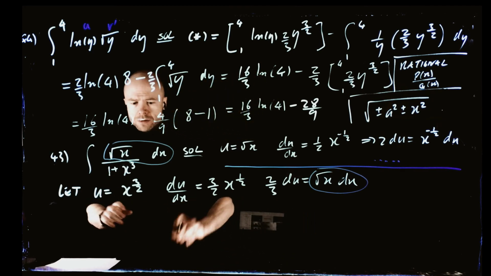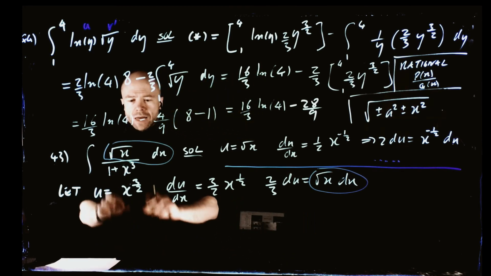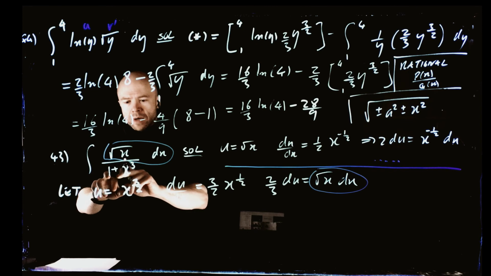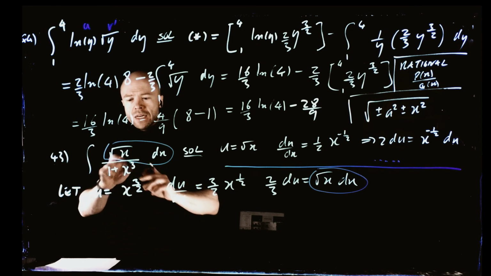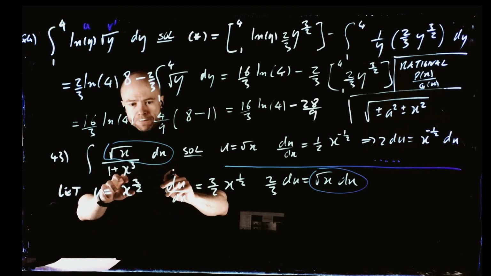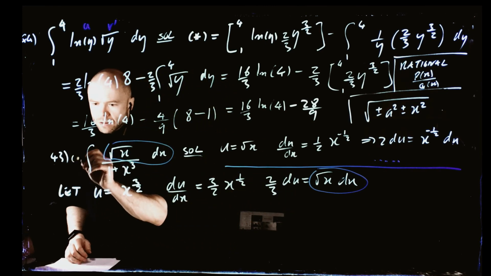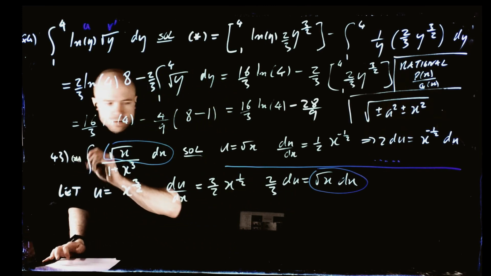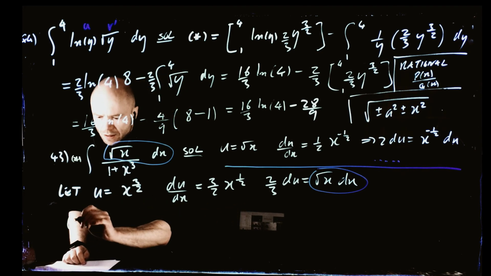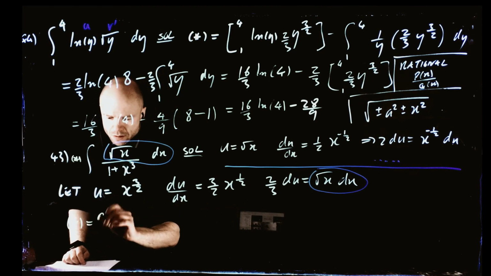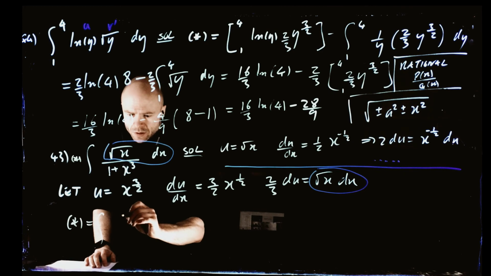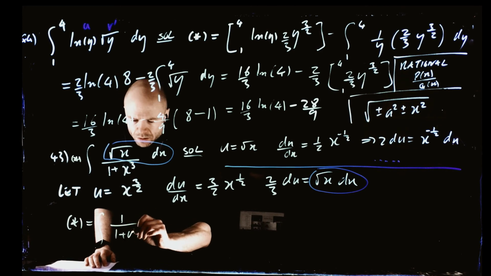But the real thing that makes us happy is that we can write this 1 plus x to the power 3 now as 1 plus u squared. So the form of this guy, let's call this star, becomes 1 over 1 plus u squared.